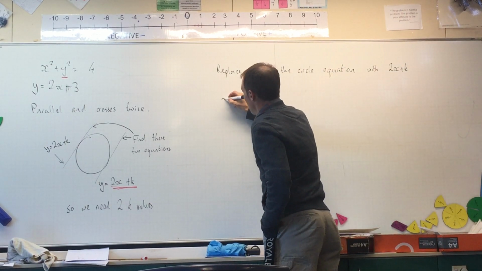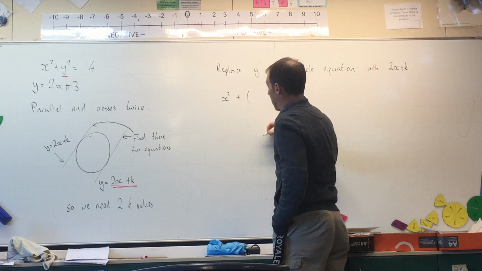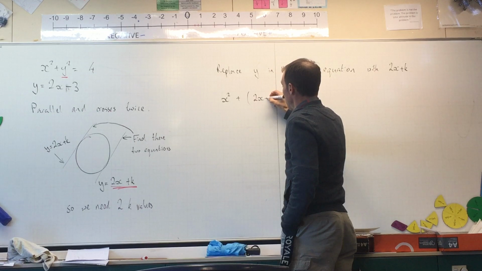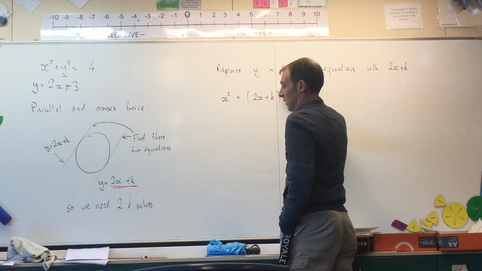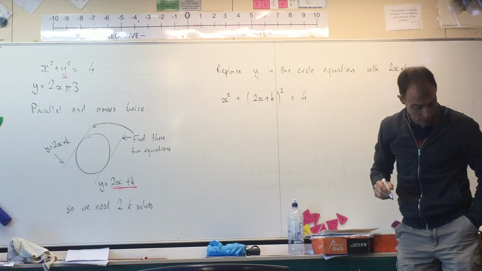So we get x squared plus bracket 2x plus k squared equals 4.